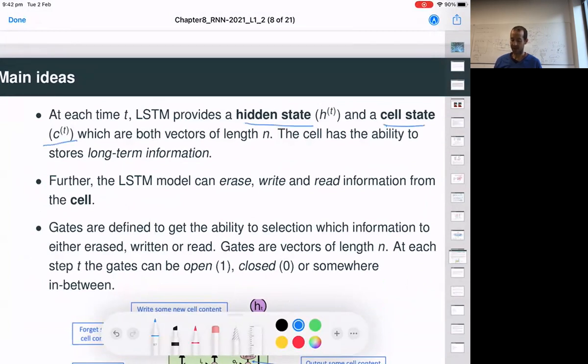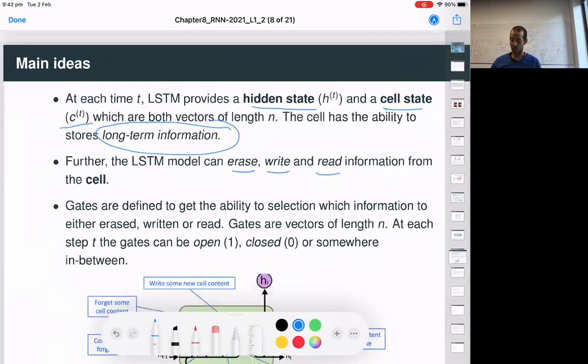The hidden state is h_t and the cell state is c_t. The cell state has the ability to store long-term information. This is the main point. The LSTM can erase, write, or read information from the cell, and it can be seen like a gate which is open or closed.